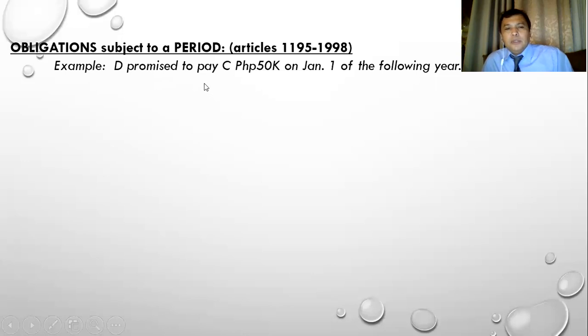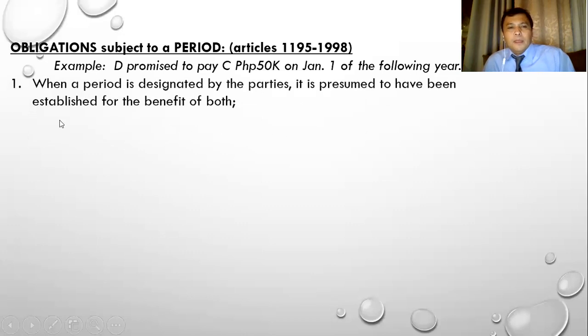Now, D promised to pay C 50,000 pesos on January 1 of the following year. So when a period is designated by the parties, in this case, January 1 of the following year, it is presumed to have been established for the benefit of both. So the benefit of the debtor and the creditor.